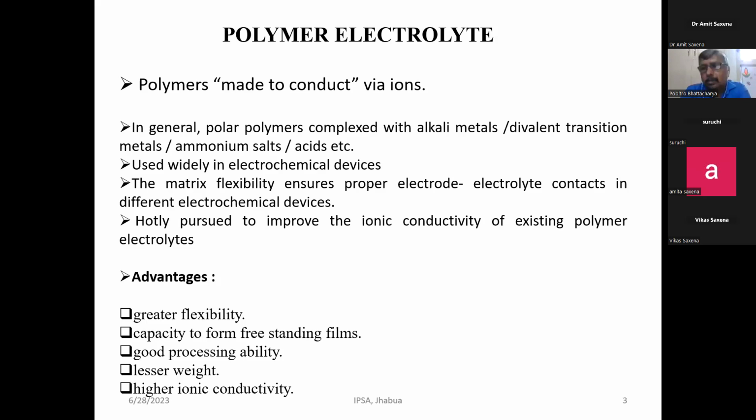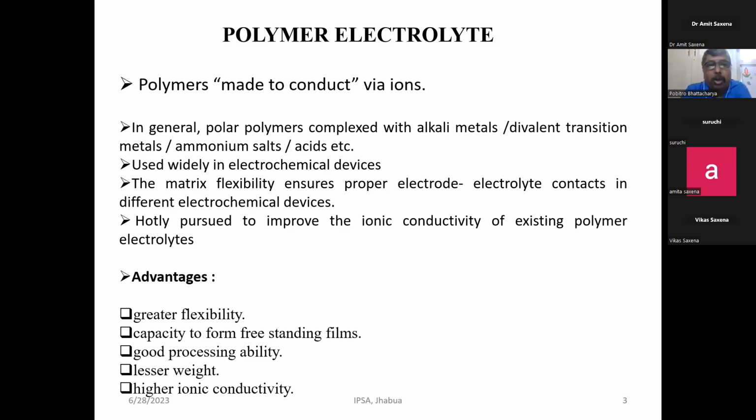To mention here, the batteries commonly used in our laptops and mobiles, lithium-based batteries, generally contain lithium polymer electrolyte. Most of the batteries now have printed on them that it is a lithium polymer battery. And unfortunately, we lost one of the Nobel laureates a couple of days ago, John Goodenough, who is one of the discoverers of the lithium battery.